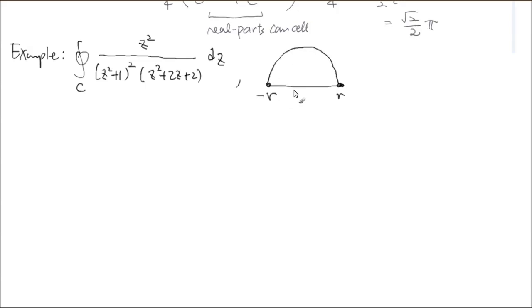This R is big enough so that it contains all the poles that are involved in here. That's the situation in here. So I wrote down everything. I looked at the poles involved here and realized that if R is greater than or equal to 2, all the poles in the upper half plane are going to be inside this loop C. So that's what we're going to do. All right? Make sense? Problem?